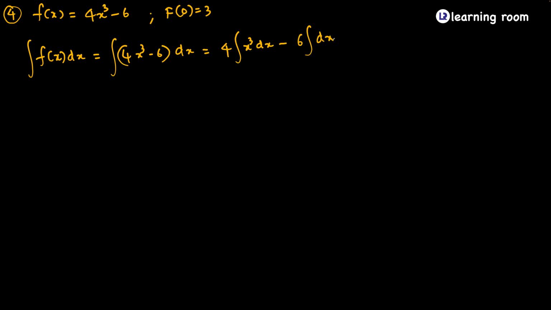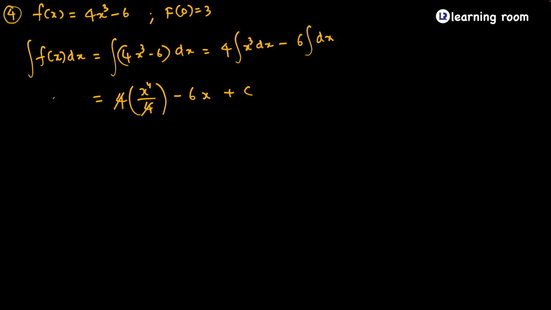So 4 into what is the integral of x cube? X power 4 divided by 4. X power n plus 1 by n plus 1, minus 6 into x. So 4 and 4 will get cancelled and you have a c here.